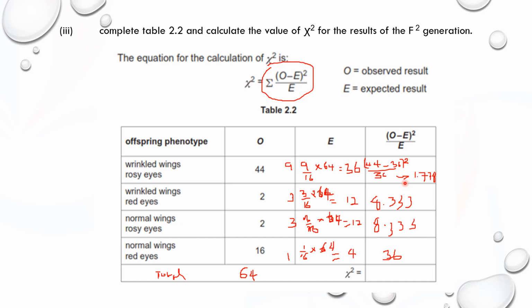What does it give you? It gives us 54.444. So that gives us 54 point what?